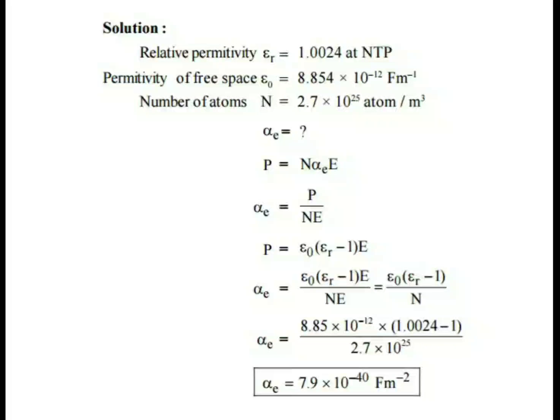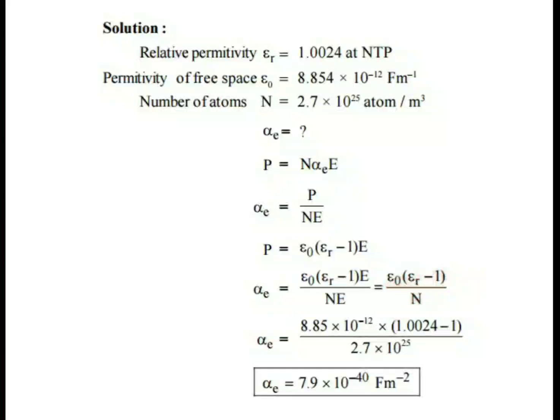So this is the formula for electronic polarizability, P by N E, but in this formula capital E is there, but in this problem the E value is not given. So for this purpose, change the formula of P. So this is the relation between P and epsilon r and E. Now substitute this formula in this equation. So simply E and E are cancelled.